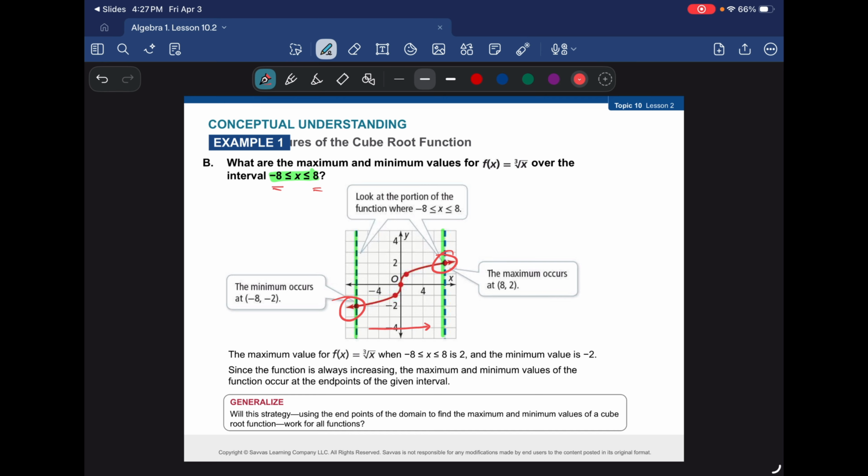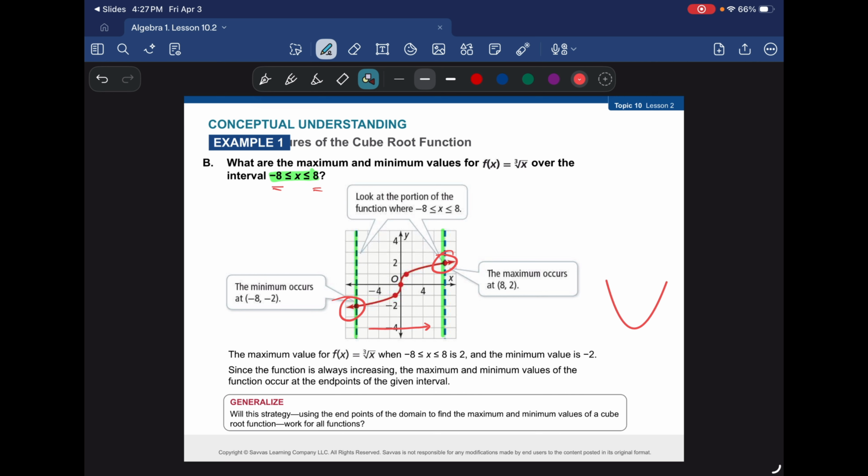Could we do the same for all functions? Well, not necessarily. All functions are not always increasing. Take the quadratic function, for example. We make a parabola, so it is decreasing and then it is increasing.